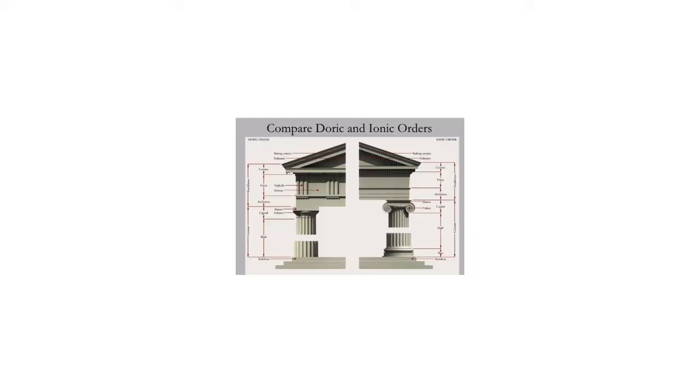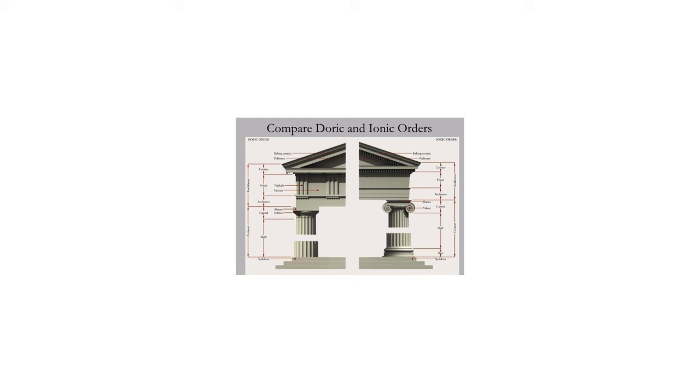A quick look here at two of the three orders, as they're called, or styles of Greek architecture, the Corinthian being the third. Classical Greek architecture, the Doric and Ionic columns represent proportions that are based on a mathematical ratio.